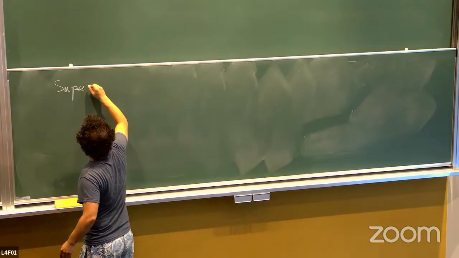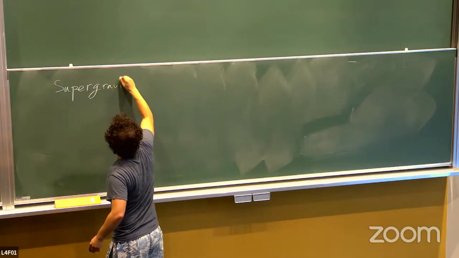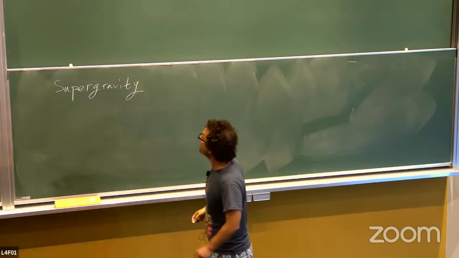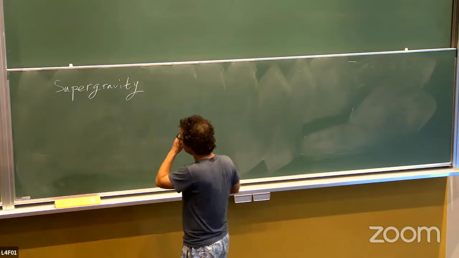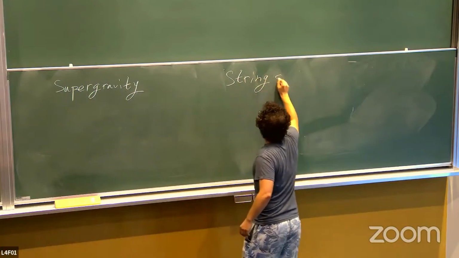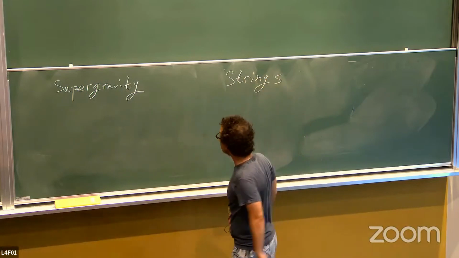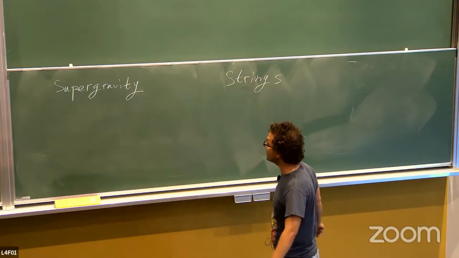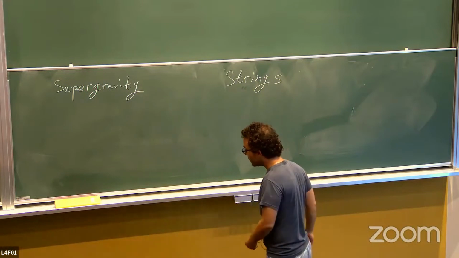So we have BPS black hole-like solutions of supergravity, which then correspond to the various extended objects of string theory.